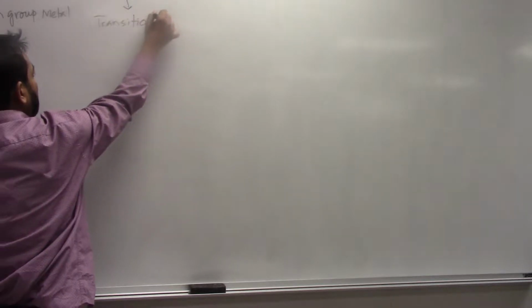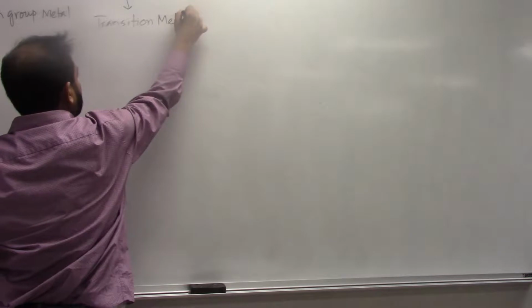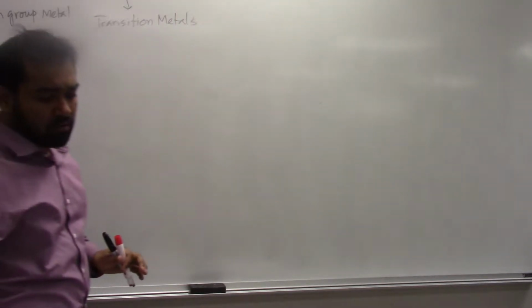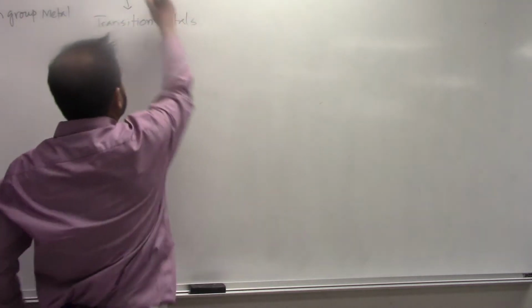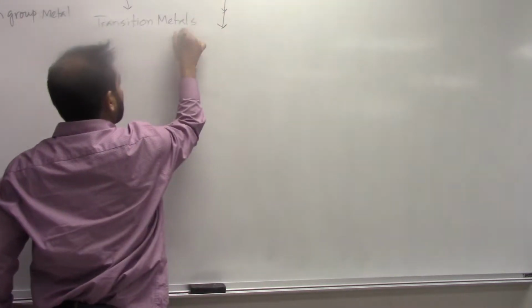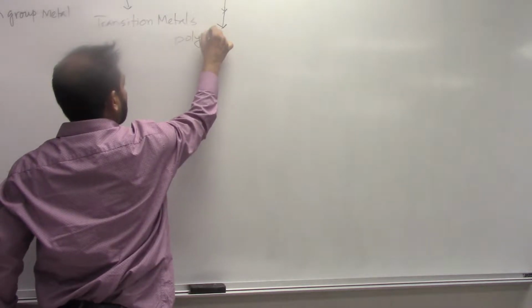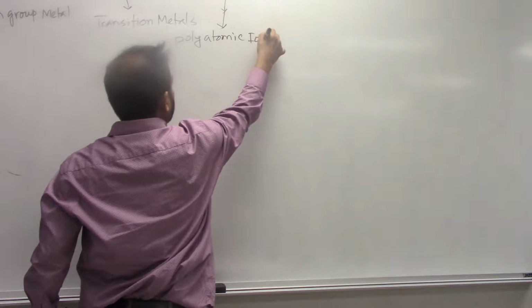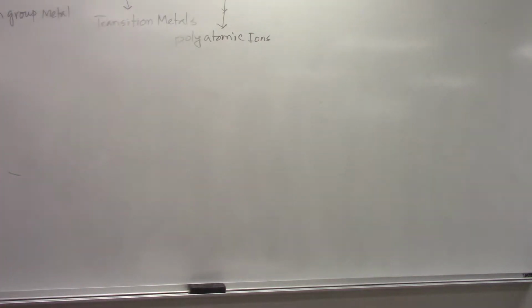Ionic compound also could be polyatomic ions. So the 3 types of ionic compound.